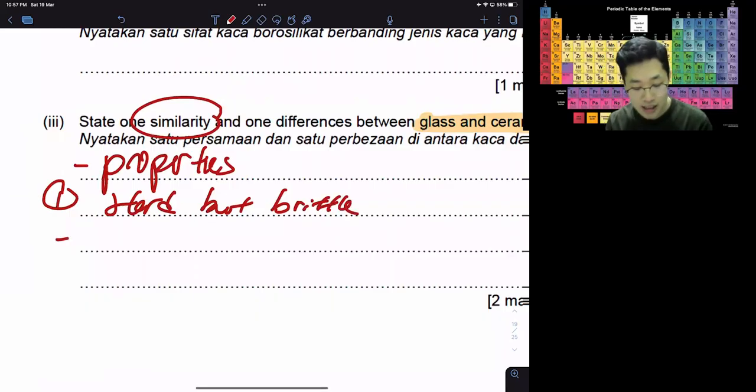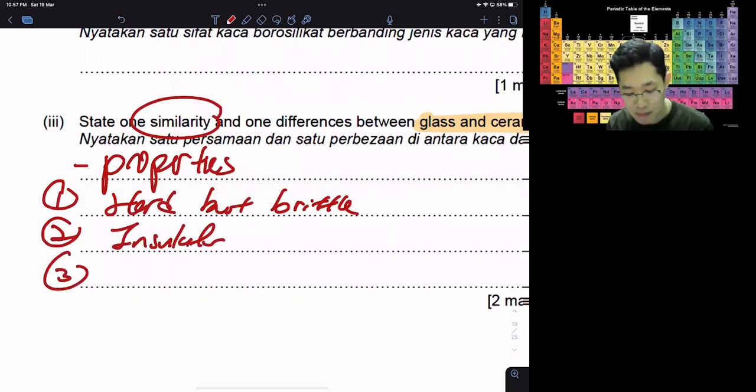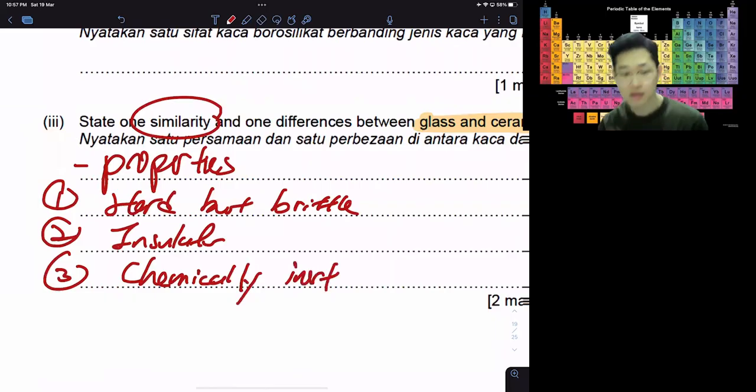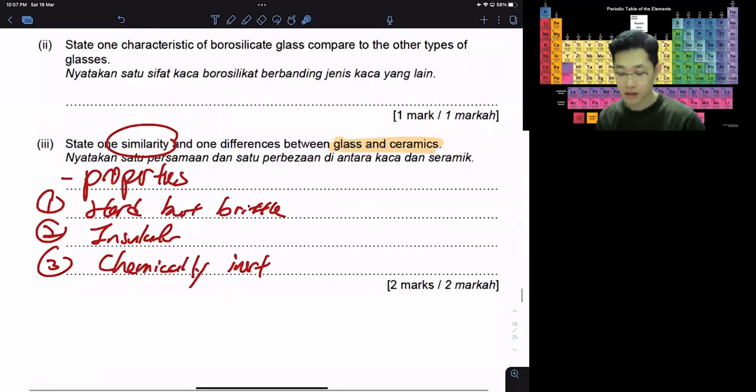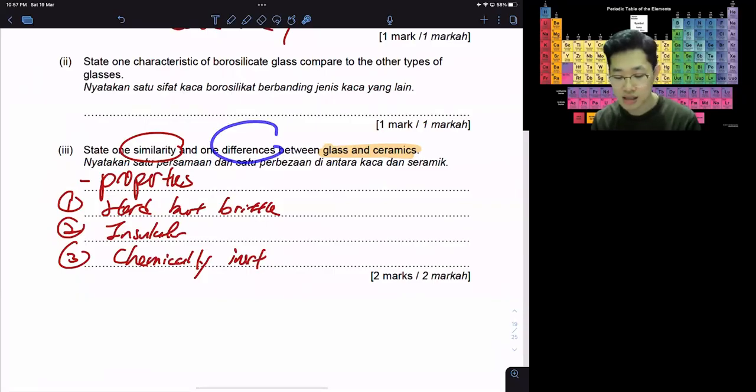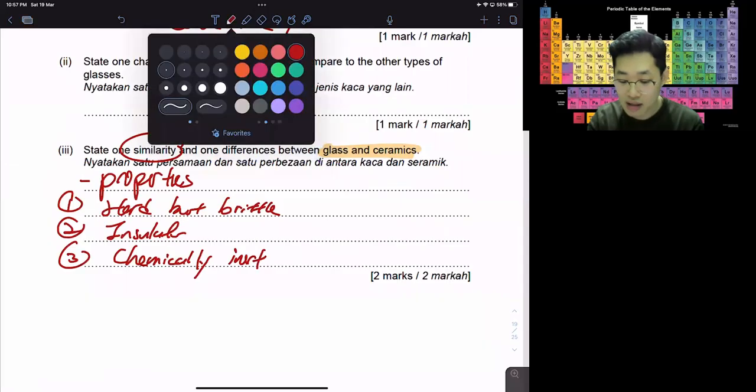Then insulator, all this you can write. Chemically inert. Then differences. One is transparent, another is opaque. Yes, very good. Transparent and opaque.